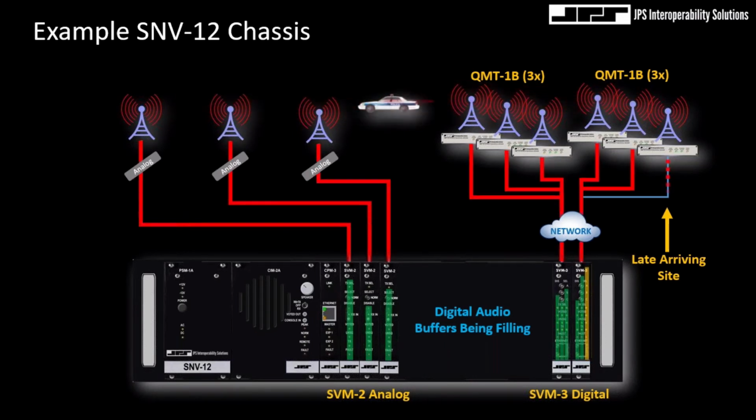The data will be dumped from the audio buffers all at the same moment. And so this will simultaneously release the audio from buffers, effectively mitigating the effects of the network jitter on a periodic basis. All receive audio is then aligned, and this is all accomplished without GPS or external timing references.